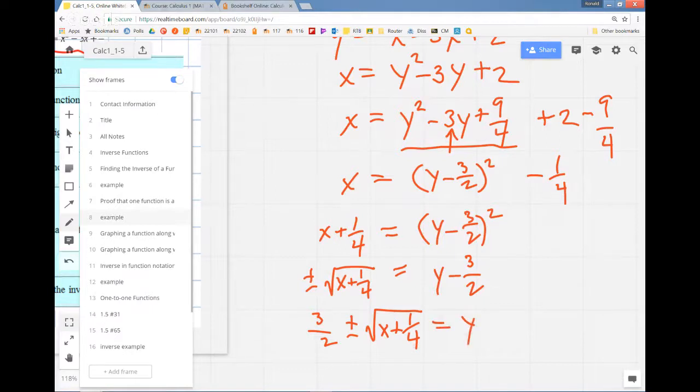And we have basically found what y is equal to. So anyway, that's the technique called completing the square.